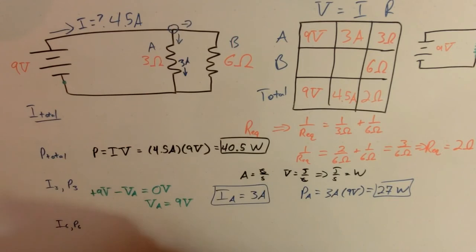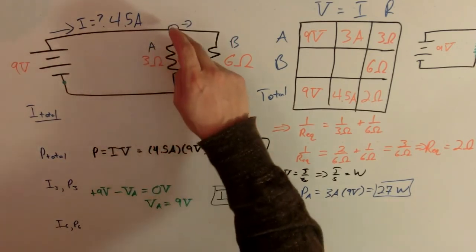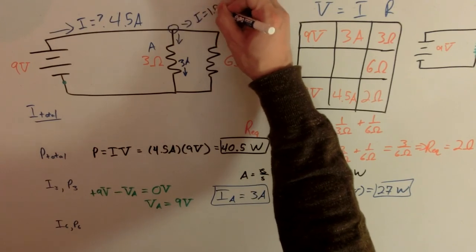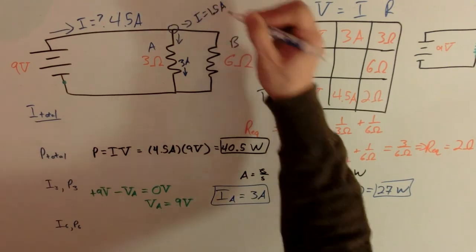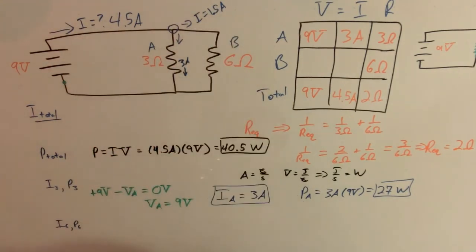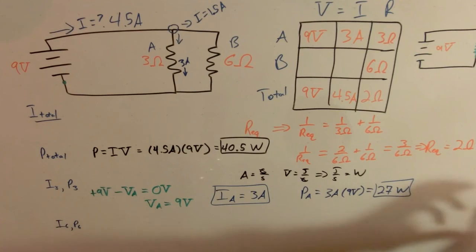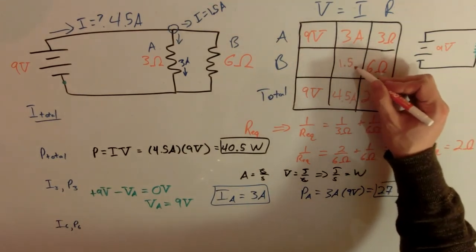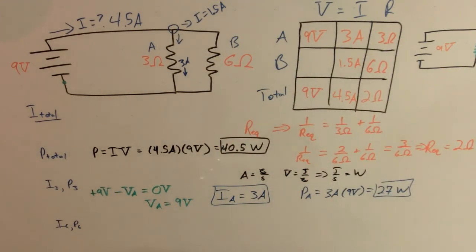What's that leave over here? Because what comes in has to equal what's going out. That leaves me with a current equal to 1.5 amp. 4.5 equals 3 plus 1.5. Alright, so I could cut out the middleman and just find that this is 1.5 amp, and that gives us a way of using Kirchhoff's junction rule.